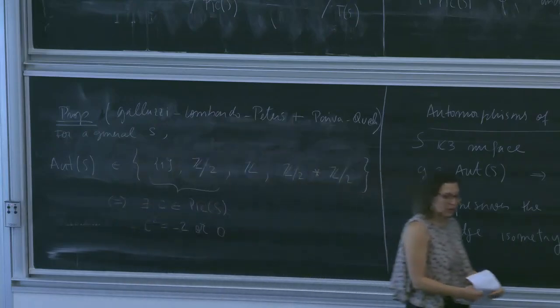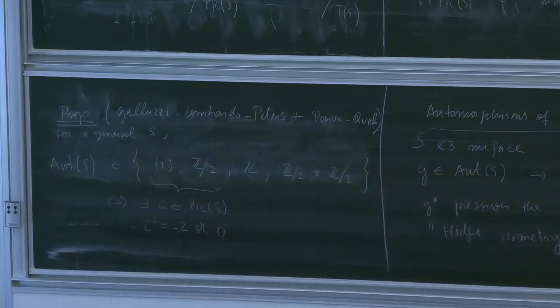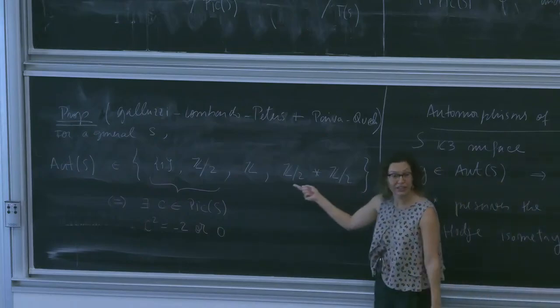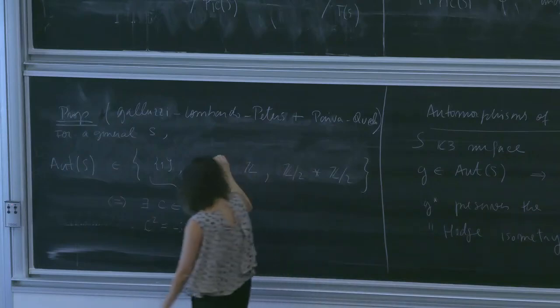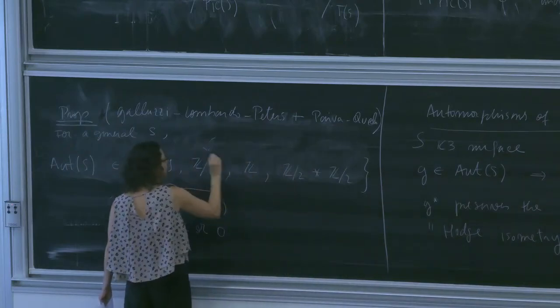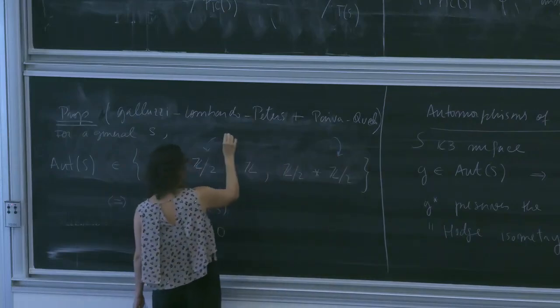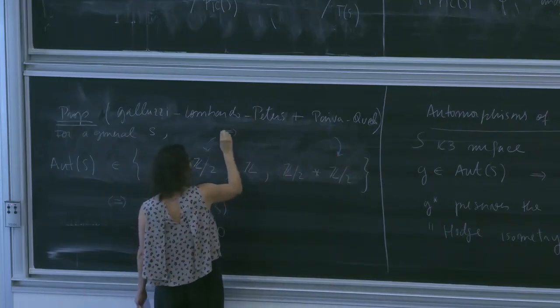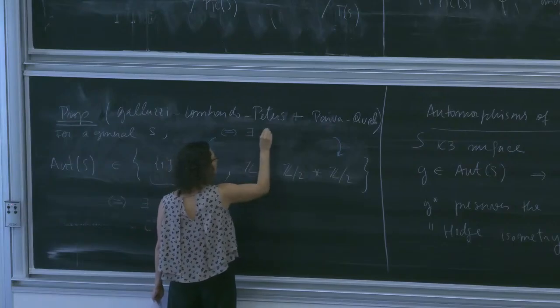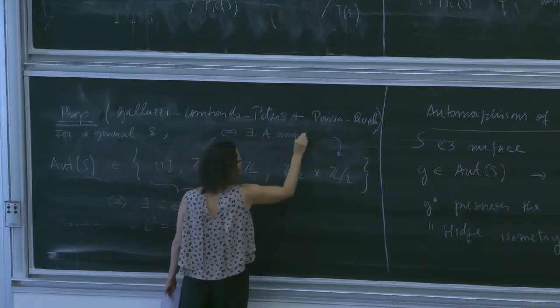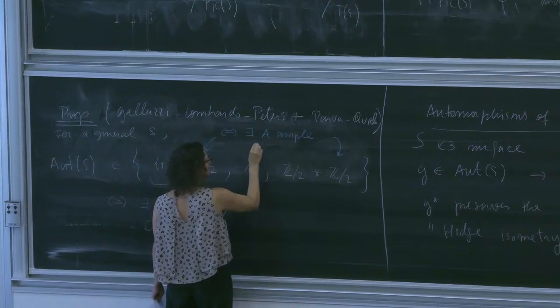And now, to tell those apart, you have to see if you can find an involution in the automorphism group. And to find an involution, so to be in this case or in this case, this is equivalent to the existence of an ample class with square 2.